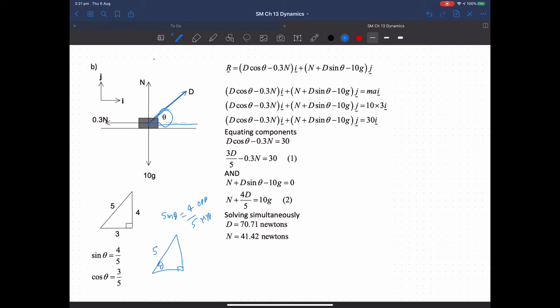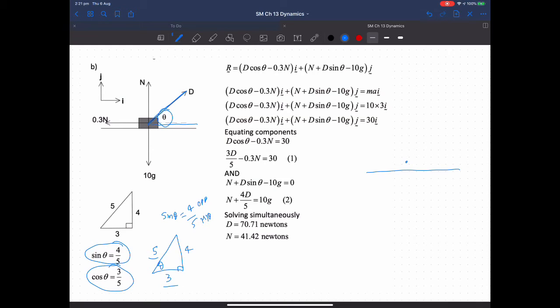We know the opposite side will be 4, which means we can recognize the adjacent side would be 3. So if we know sine theta is 4/5, cosine theta will be the adjacent side over the hypotenuse, which is 3/5.